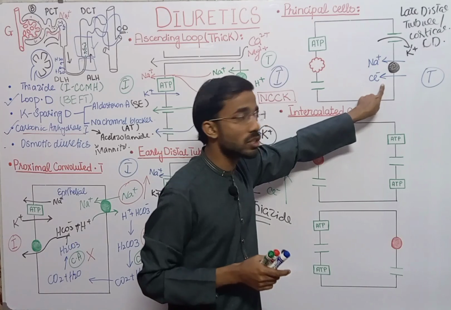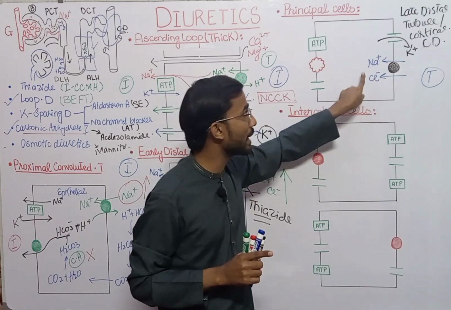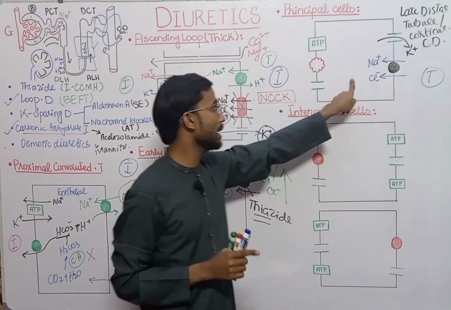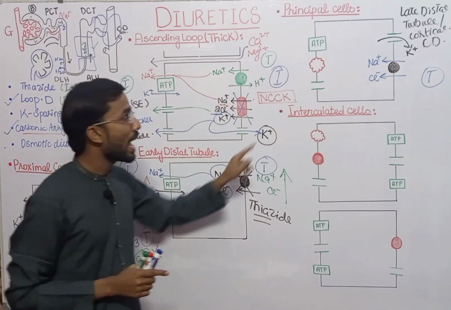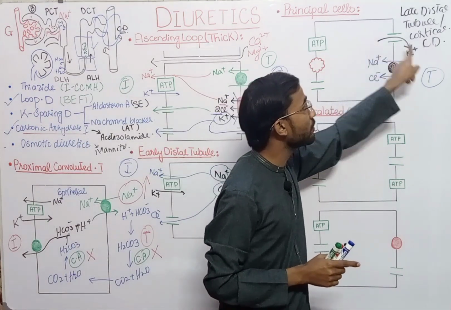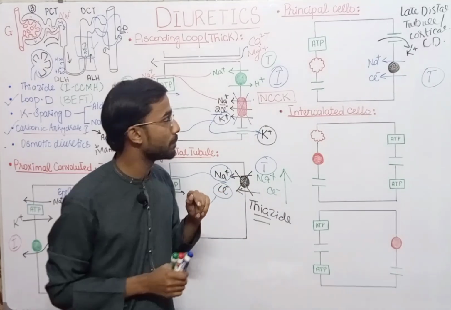I repeat, this transporter transports sodium and chloride inside the cell, just like the earlier one. And again potassium will move into the tubular lumen.